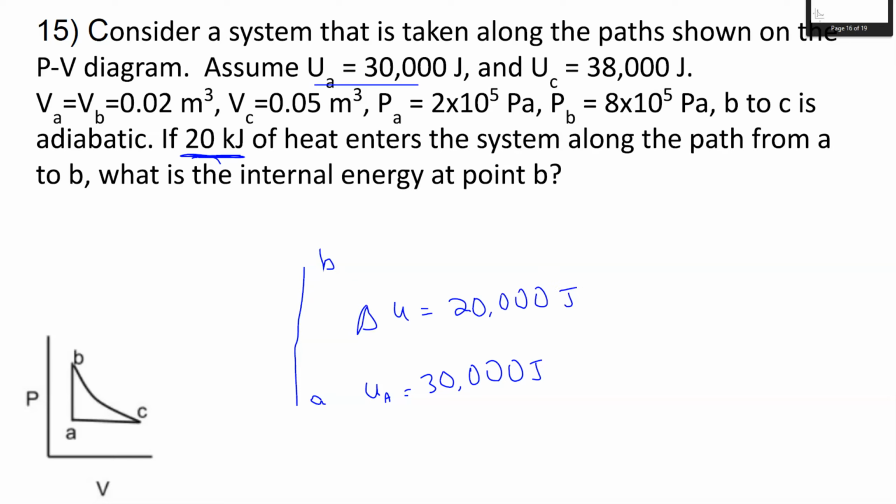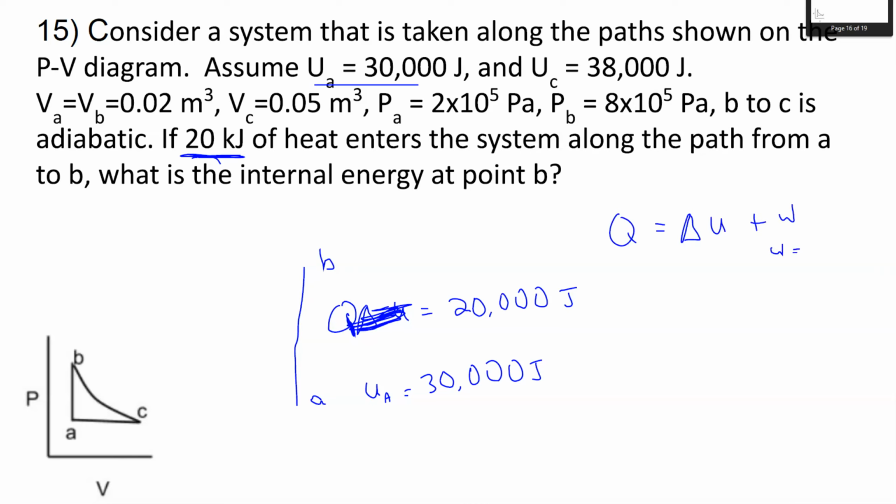That's actually the heat, isn't it? I'm sorry. It'll be the same number, but right here, Q, the heat is 20,000 joules. I built a fire in this thing, and I heat it up with that much energy. You remember there's only two places that heat can go. It can go into the change of internal energy, or it can go into work.